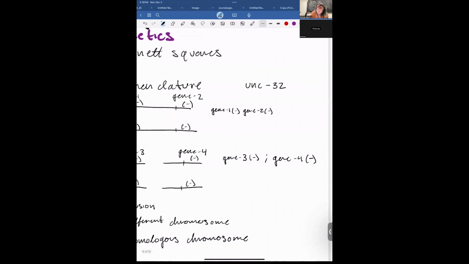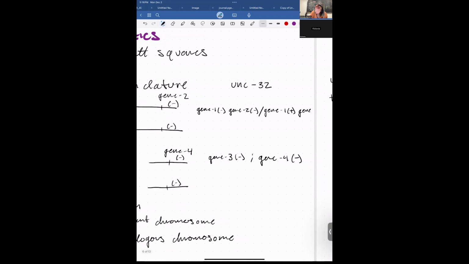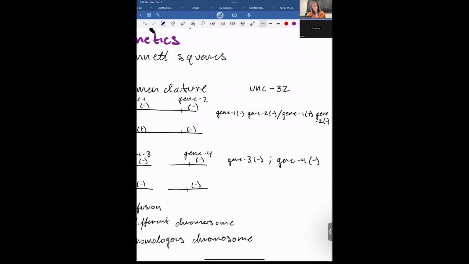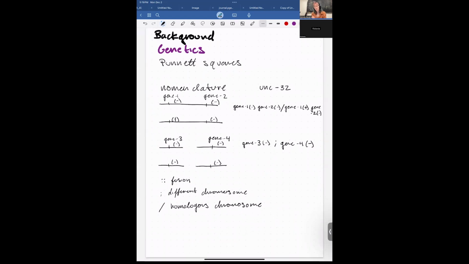And then I would use a slash to indicate on the homologous chromosome, and then I'd write gene 1 wild type and gene 2 mutant. I've run out of space, but it would be on the same line. So I would use this slash to indicate this is what's on one chromosome and this is what's on the homologous chromosome. Now, in this scenario where they're on different chromosomes, what if gene 3 was heterozygous? How would we indicate that?